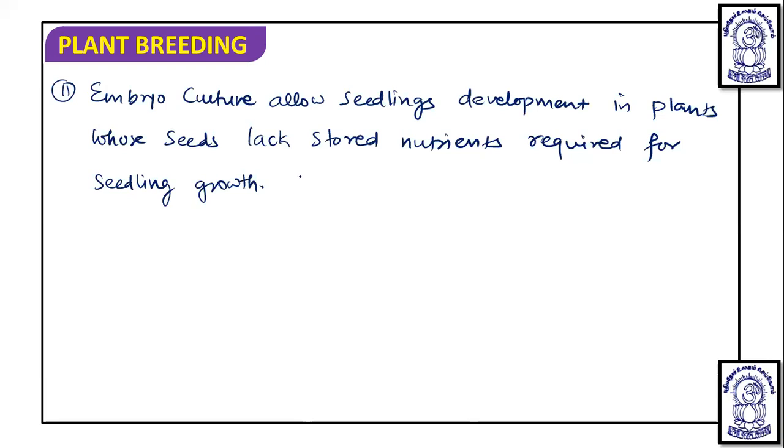So if we take an example, it is orchid. Okay, so in orchid, if the nutrients are not there, in that case we can remove the embryo and culture it on the plates. Then it can help in the growth of the seedlings.